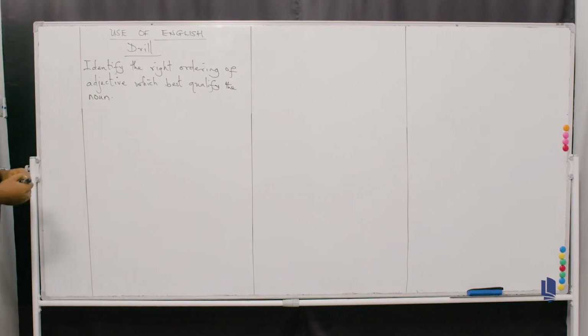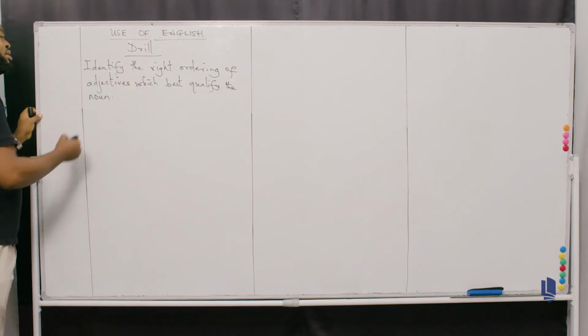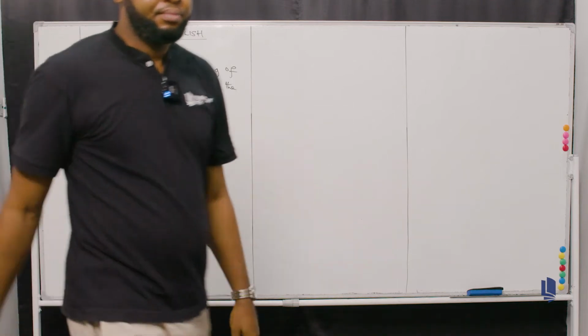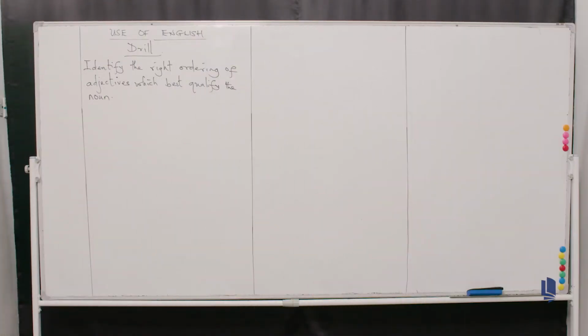So identify the right ordering of adjectives, which best qualify the noun. I hope you understand this instruction. And let me pick the question here, so that I can give you to attempt.